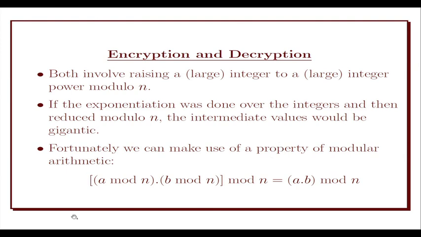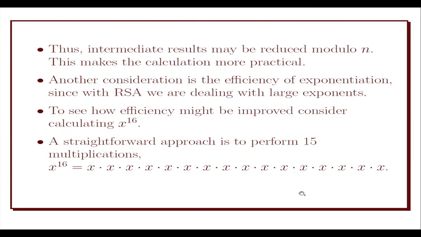Under modular operation we can use the fact that (a mod n) times (b mod n), then mod n, is equal to a times b mod n. Now, for RSA we need to do exponentiation.